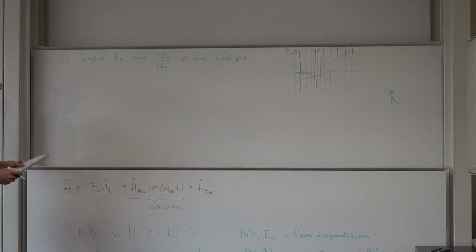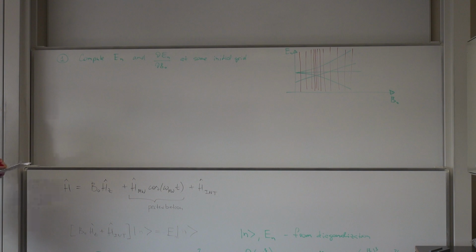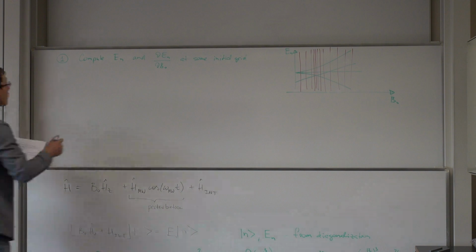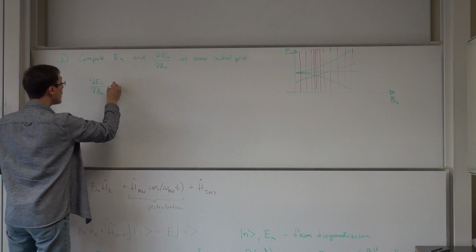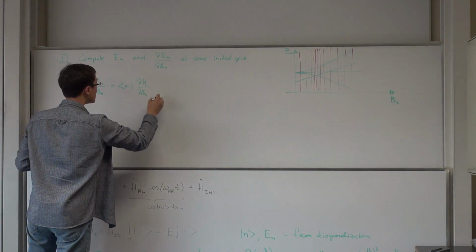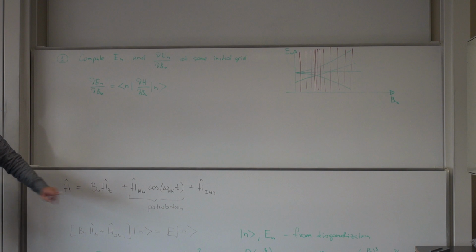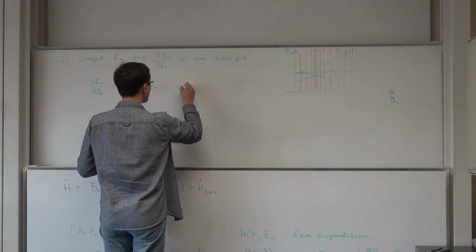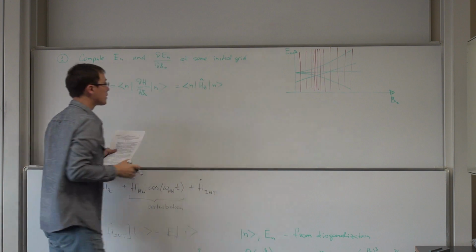The question, of course, we know how to compute En, we don't know how to compute dEn by dB0. It's a bit of an involved proof, the so-called Hellman-Feynman theorem. I'll just give you the answer, and the answer is actually remarkably simple. dEn by dB0 is <n|dH/dB0|n>, and we can, of course, analytically differentiate this extremely easily with respect to B0, so it's just the H Zeeman, <n|H Zeeman|n>, where this is per Tesla.